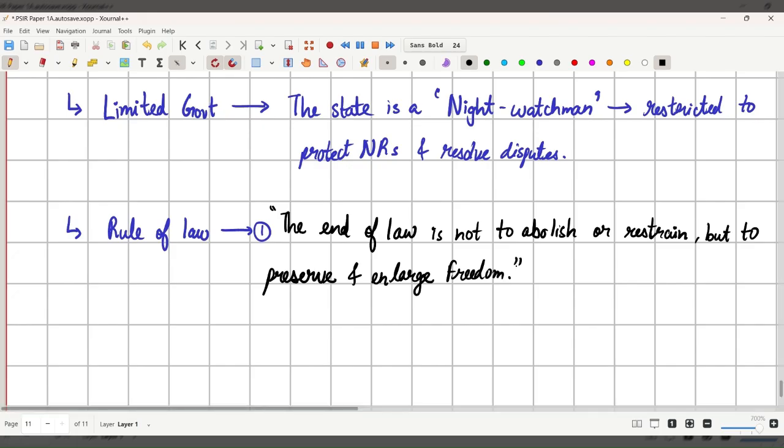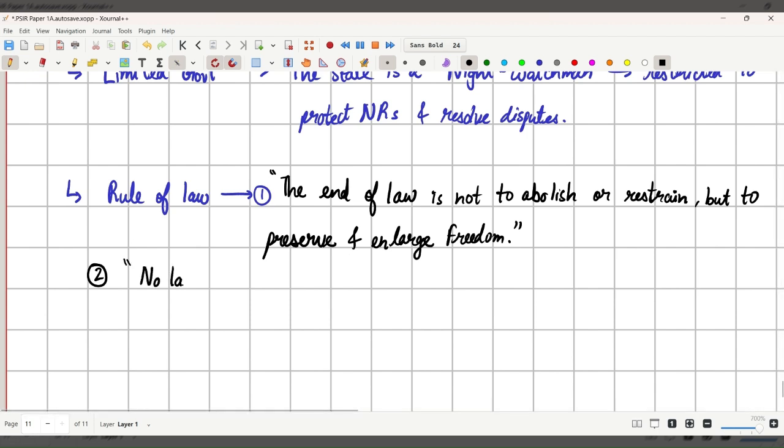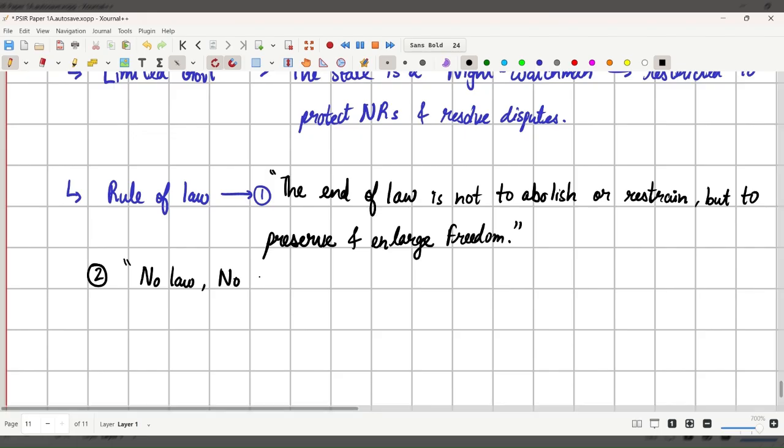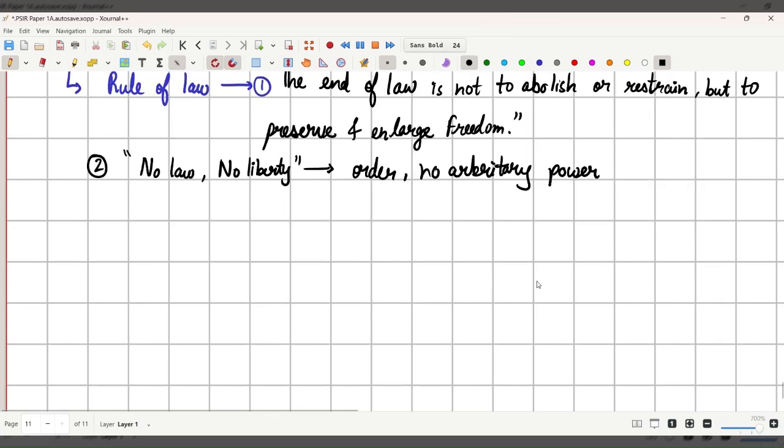And he also quotes that where there is no law, there is no liberty. So basically, order and no arbitrary power. Where there is law, there is liberty.